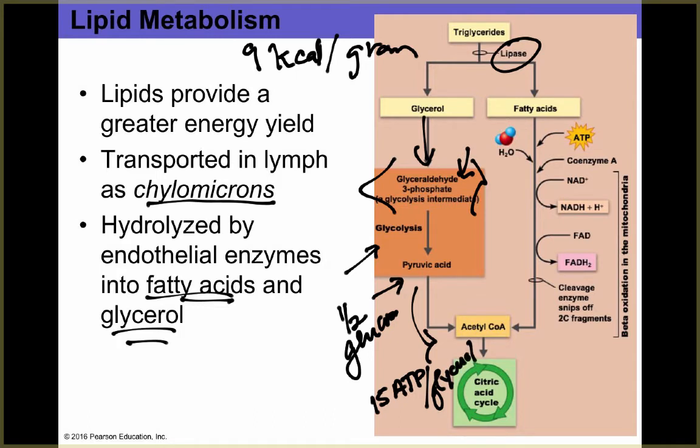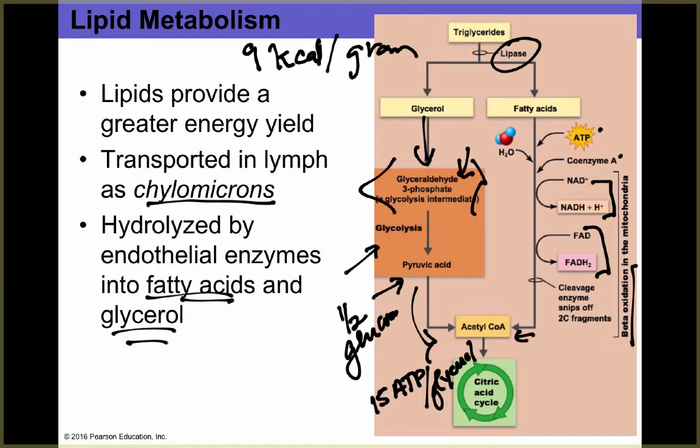Now the fatty acids, as you can see, go in, and you can see coenzyme Q along with ATP and water. It's going to make these two coenzymes, right, in the process of feeding it into acetyl-CoA. And these guys later will go to oxidative phosphorylation. This process is known as beta oxidation.